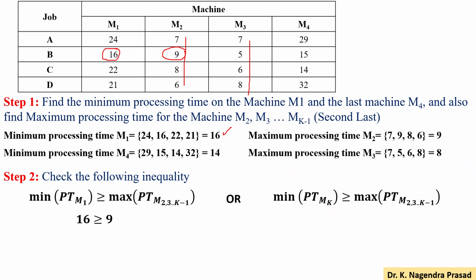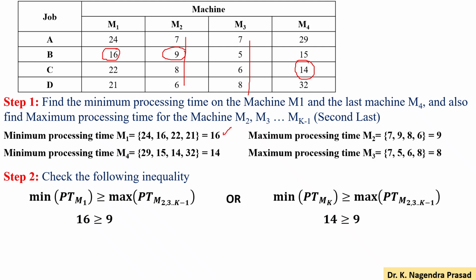So the condition is 16 is greater than 9. And the second condition is the minimum processing time of the last mission, which we determined to be 14, and the maximum processing time of the remaining missions, except the first and last missions, is 9. So here the condition is 14 is greater than 9.